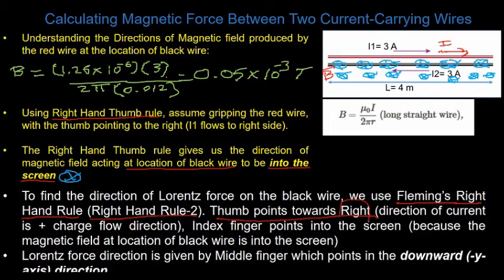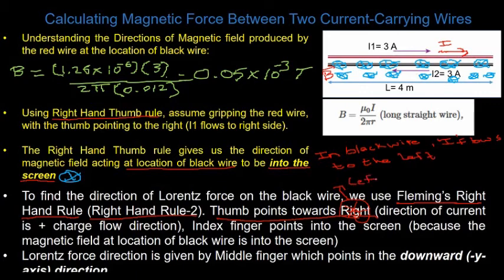This is not right, because in the bottom wire, the black wire, the current flows towards the left. So it should flow to the left.